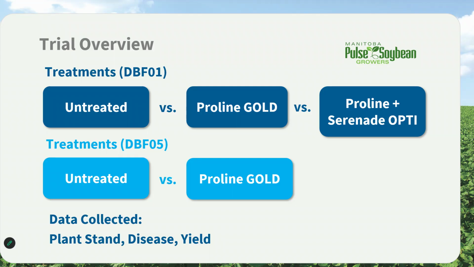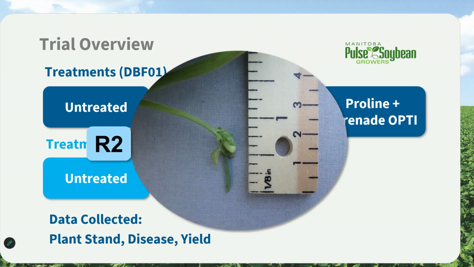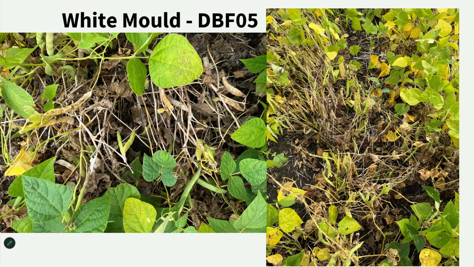The data we collected at these sites was plant stand, disease ratings, and yield. All of these applications took place at R2, at the early pin pod stage. At 05, we had severe white mold infestation, and it did look quite bad in some patches in the field.